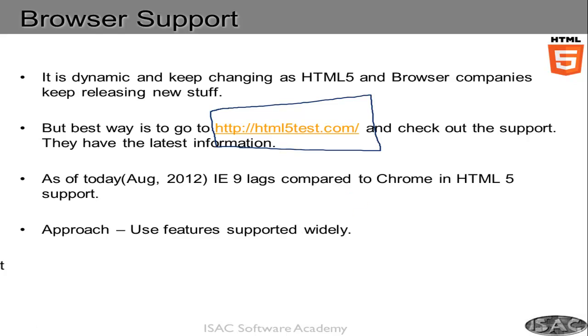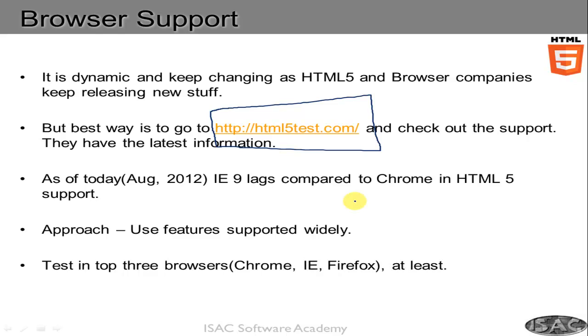Use the features which are supported widely. Test in the top 3 browsers, Chrome, IE and Firefox, because they have the largest market segment. All three combined cover more than 90% of the user base in the world.